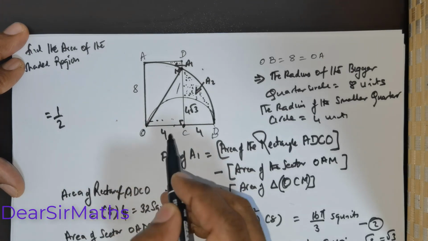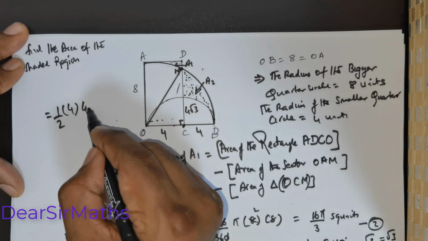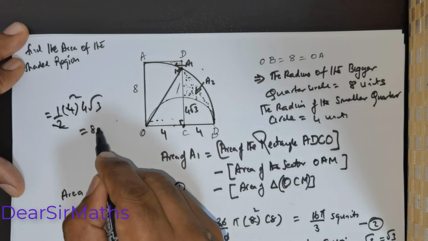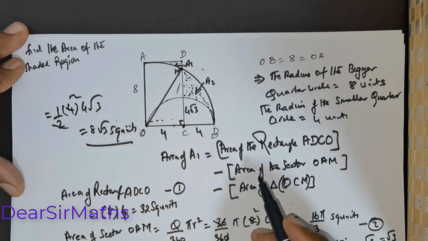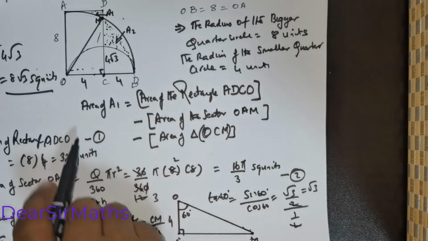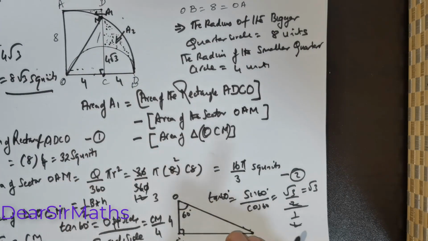What is my base? 4 units. And what is my height? 4 into root 3. 2 divides here 2 times. 2 times 4 is 8 root 3 square units. Right?